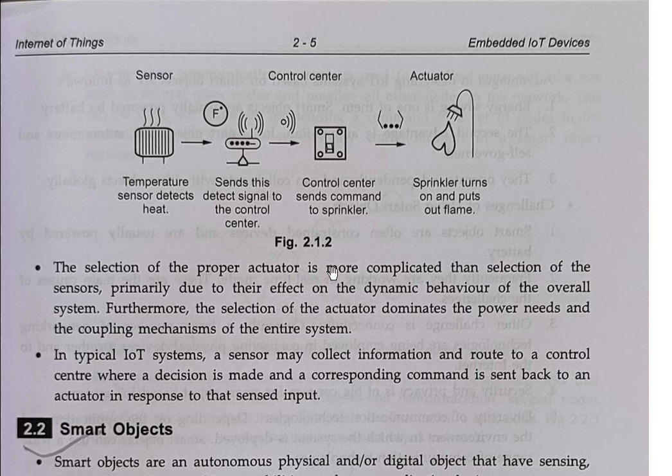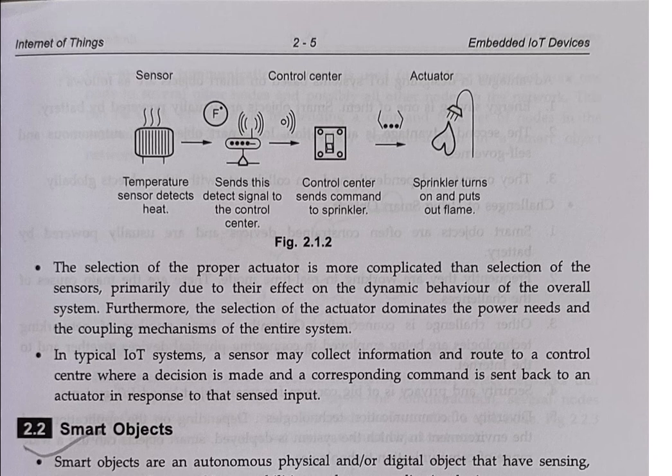Okay, the selection of the proper actuator is more complicated than the selection of the sensor. We have to properly select the actuator primarily due to its effect on the dynamic behavior of the overall system. Furthermore, the selection of the actuator dominates the needs and the coupling mechanism of the entire system.